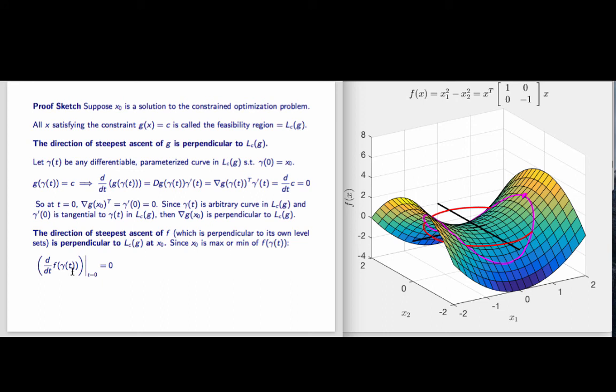It's either a min or a max, which means the derivative with respect to t should be 0, because this is just a scalar function of a scalar t. So that implies the gradient of f at gamma of t transpose times gamma prime of t equals 0.